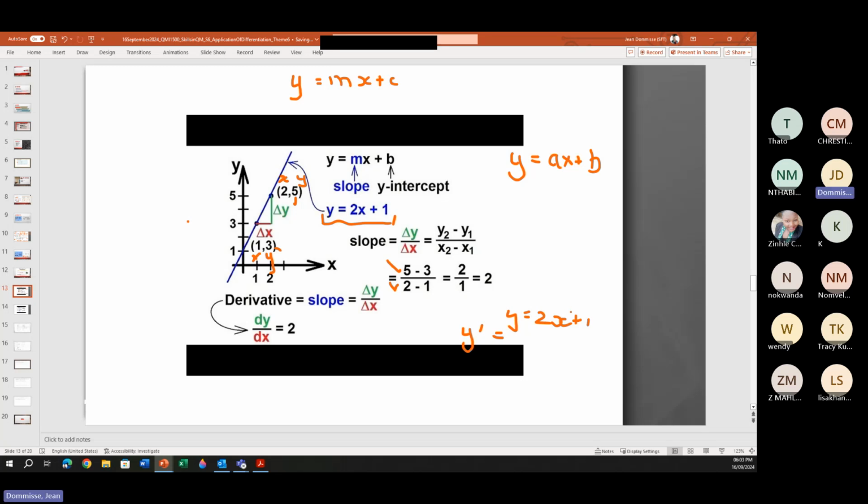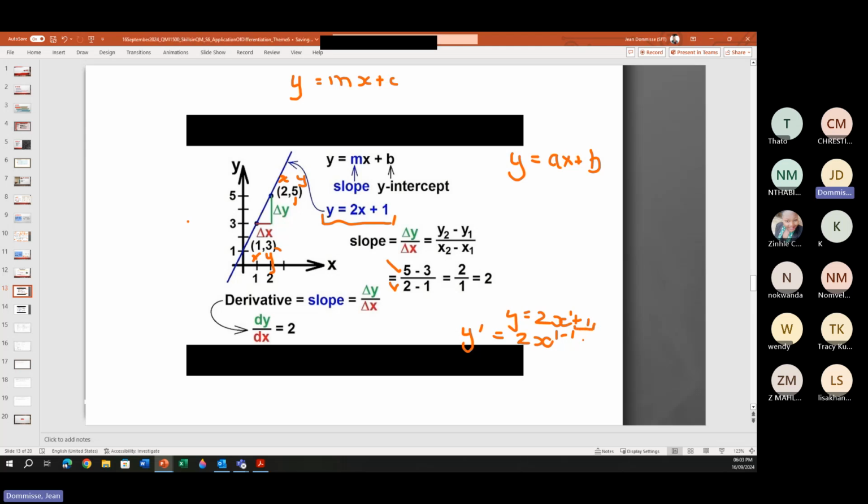Remember that is 1, so it is 1 times 2x to the power of 1 minus 1, plus 1, but remember, plus 1 is a constant.